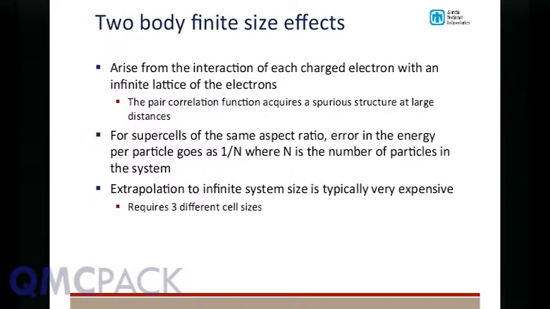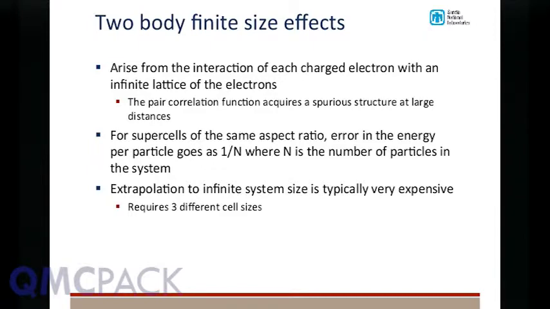Now a more difficult problem is handling the two-body finite size effects. So you've got this thing that's analogous to what goes on in a mean field calculation on integrating over the Brillouin zone. But we also have this issue that we're evaluating an interaction that's periodic, right? So basically, if one electron is here and I'm calculating the interaction with another electron in the cell, it's actually an interaction with a periodic array, like I was mentioning before.